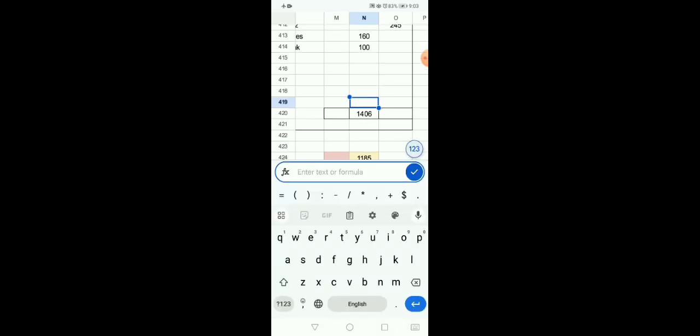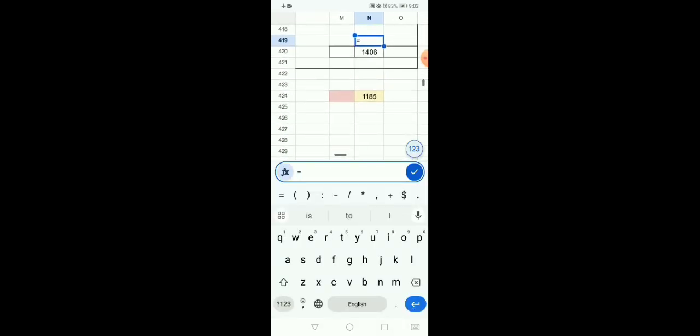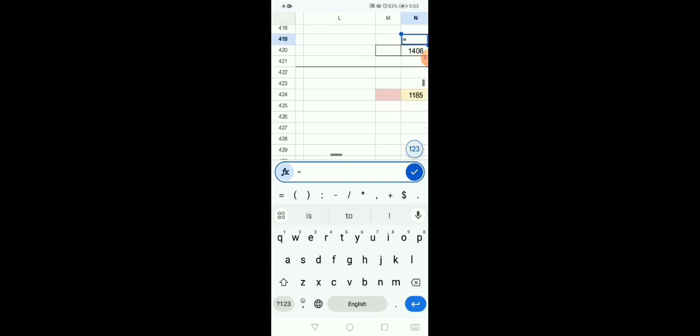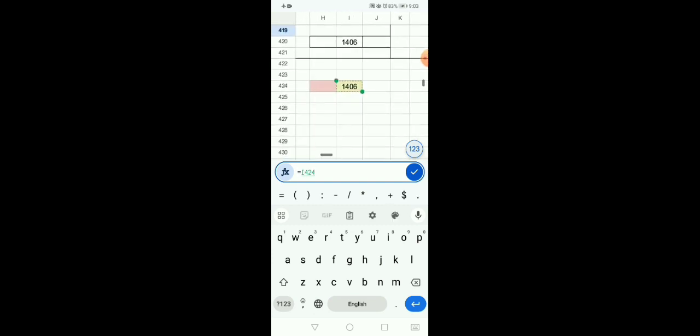Step number 1, calculate the total of both sides. Step number 2, make a comparison, see which is the larger sum, and put the larger sum as the total of both sides. Third step is to calculate the balance. And how would you calculate the balance? You subtract cash paid from cash received. This is your cash received, and now you are going to subtract cash paid.